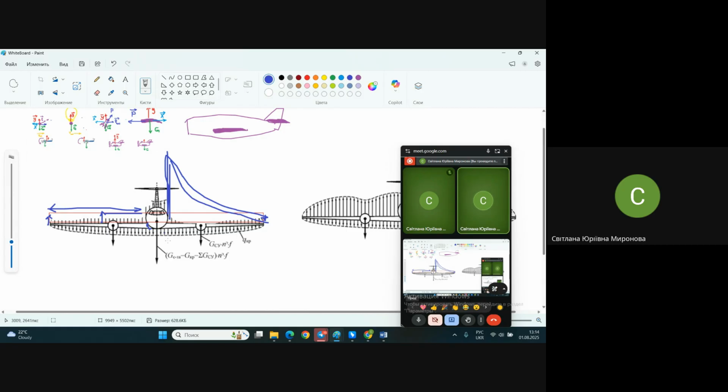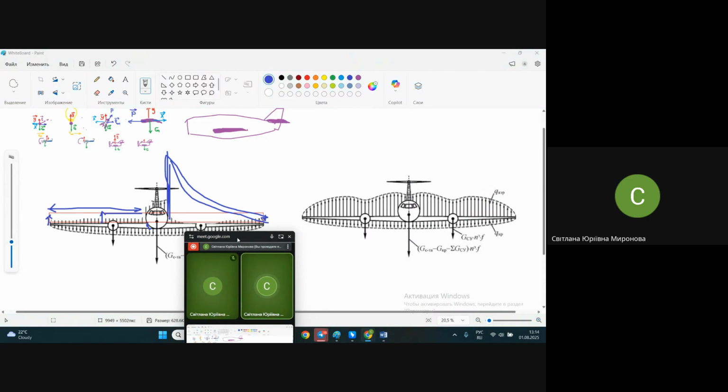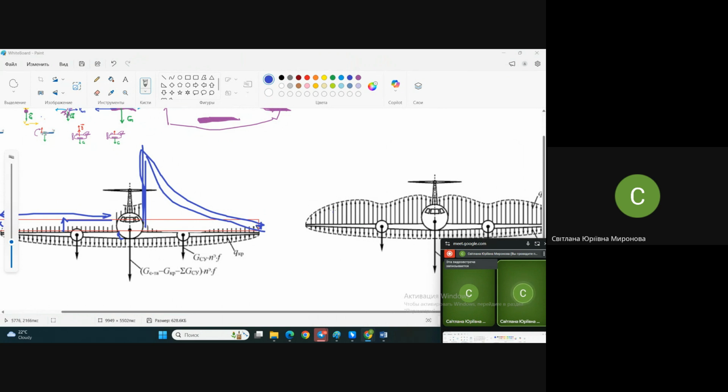And what about engines, which are now on the wing, and it seems like they are guilty for overloading the wing? Look, aerial loads bend the wing in this direction. And what does the engine, which is at some distance from the fuselage, do? It also bends the wing, but in the counter direction.